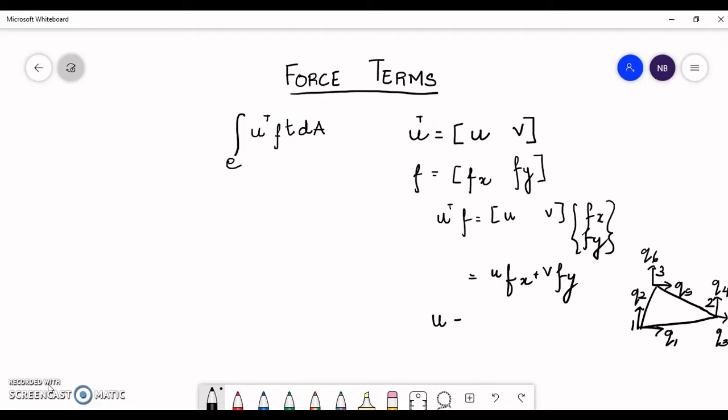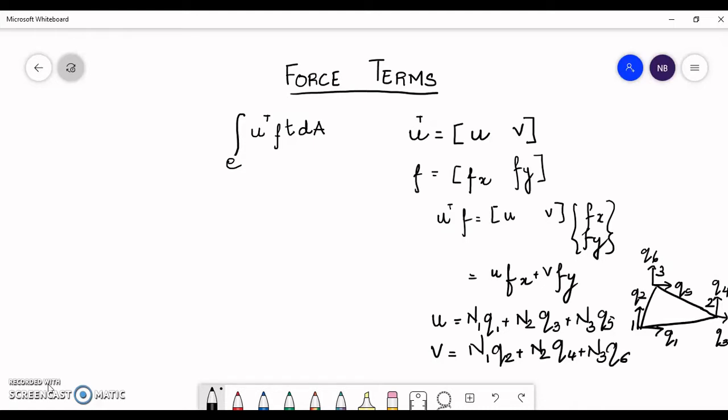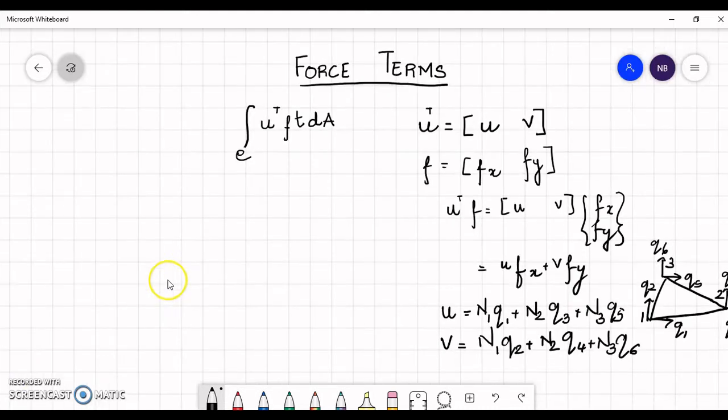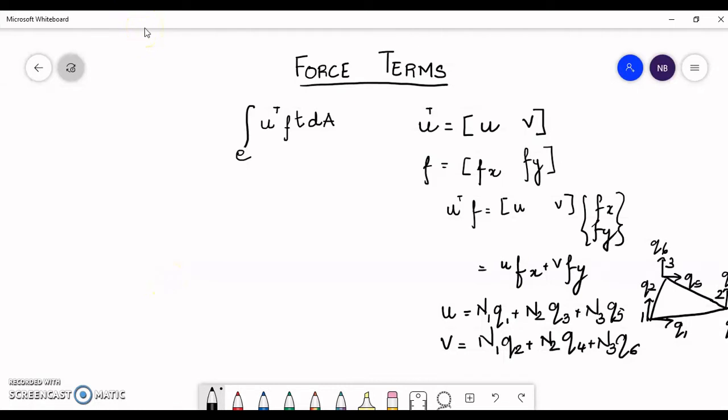So u is given by N1 into Q1 plus N2 into Q3 plus N3 into Q5, only the displacements in the x direction, and v is given by the displacements in the y direction. So when we substitute all this in this equation, we will get, and t we are taking as constant over the element, so let us represent it by Te.